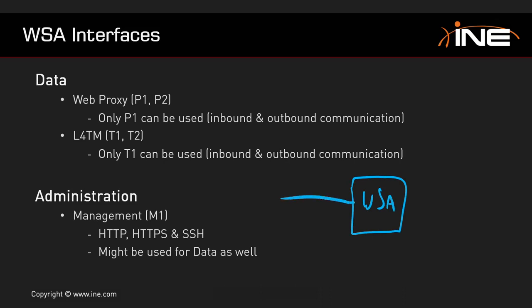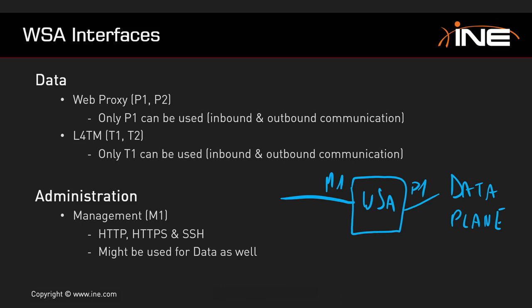So normally what you would do is put your M1 to the management network, and then you would use P1 or maybe P1 and P2 for the data plane. This is how you would normally deploy the WSA.